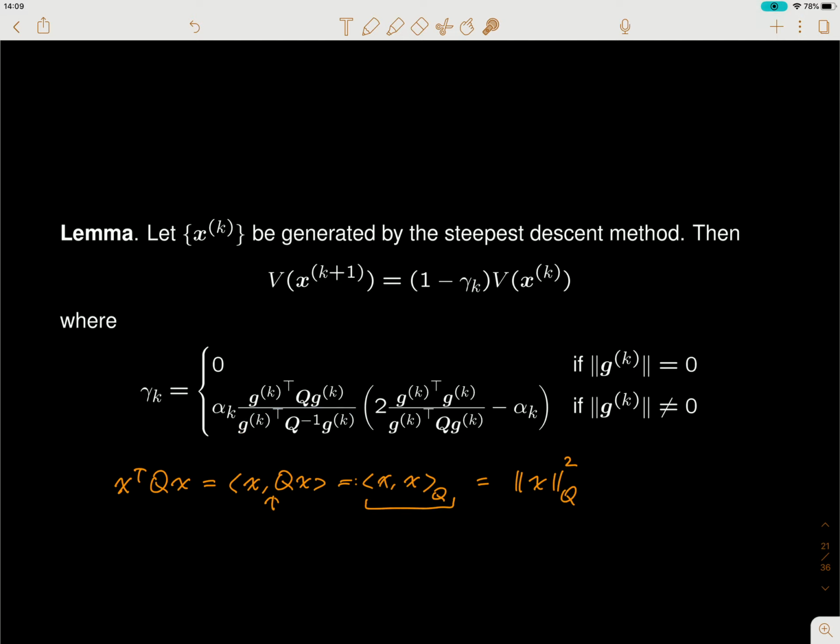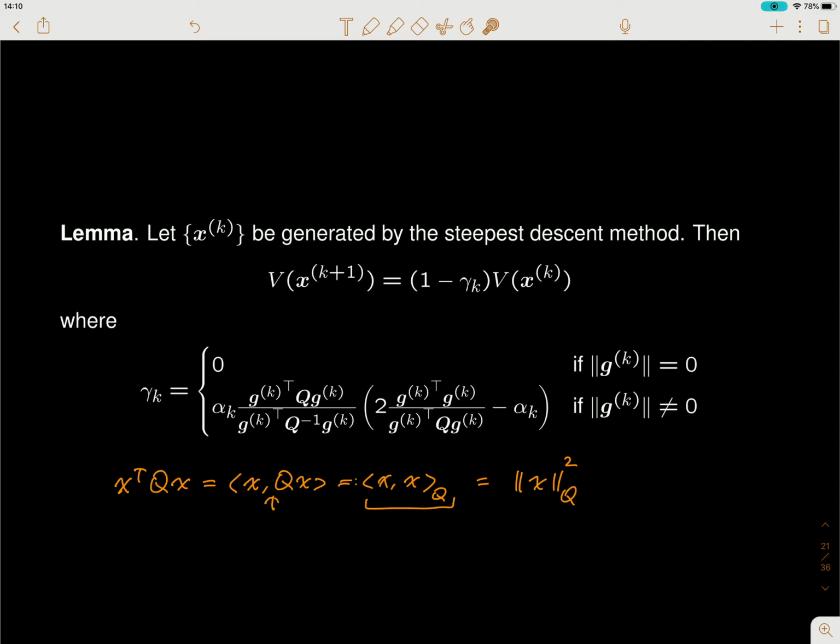But remember that if Q is positive definite, then Q inverse is also positive definite. So that's why this will be the squared Q inverse norm of gk. But in either case, both of them are positive. The reason is gk is non-zero, and Q and Q inverse are both positive definite. So this must be a positive number. Also, these are positive numbers.